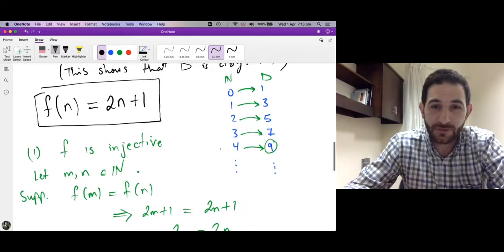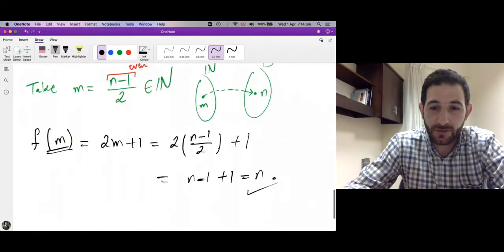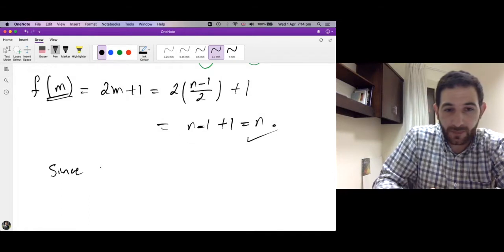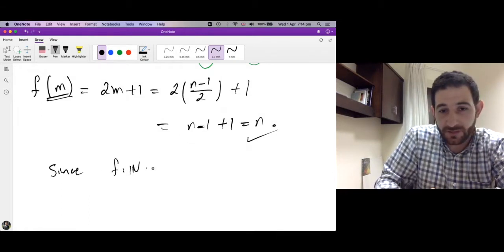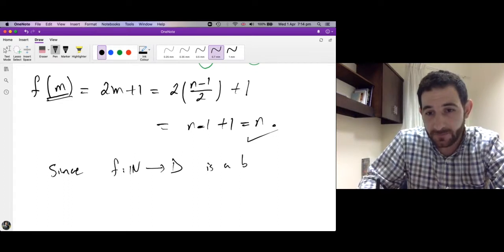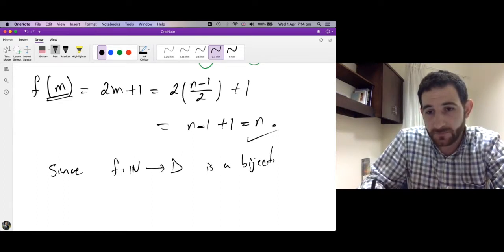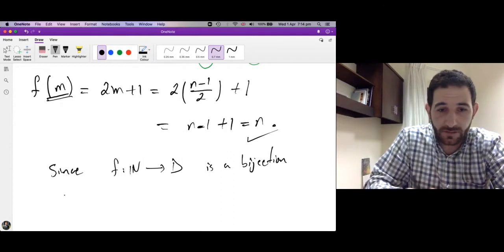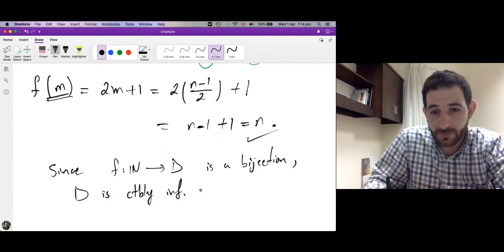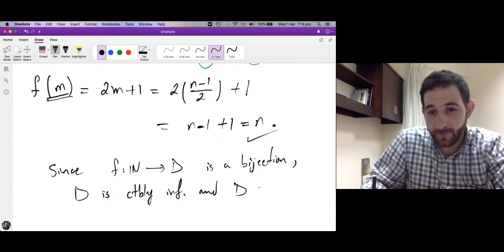Therefore, since f from the natural numbers to D as defined above is a bijection, we know that D is countably infinite, and so D is countable.